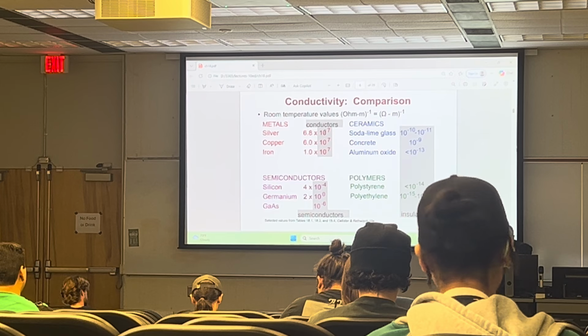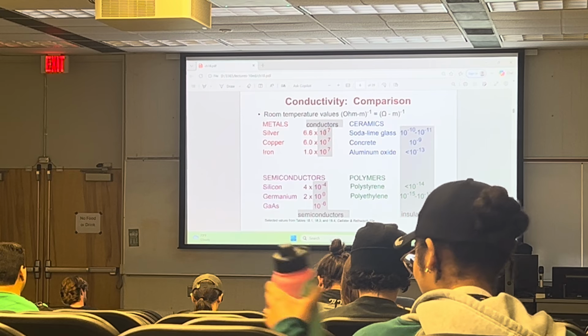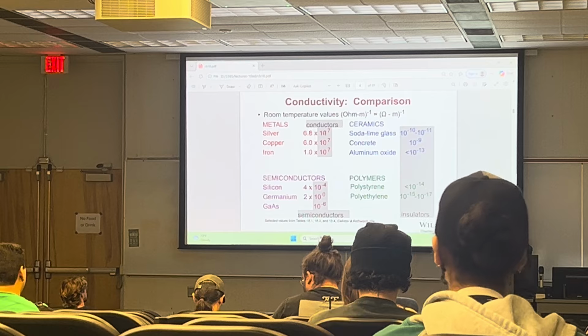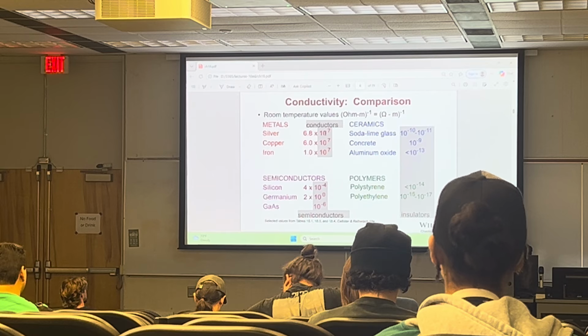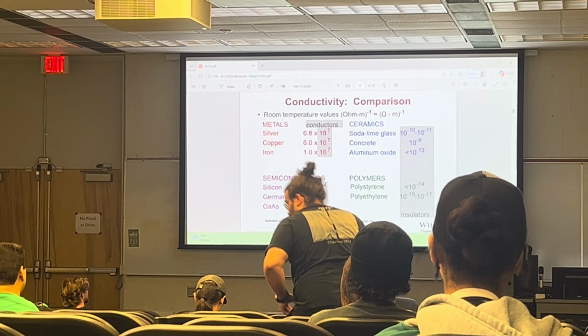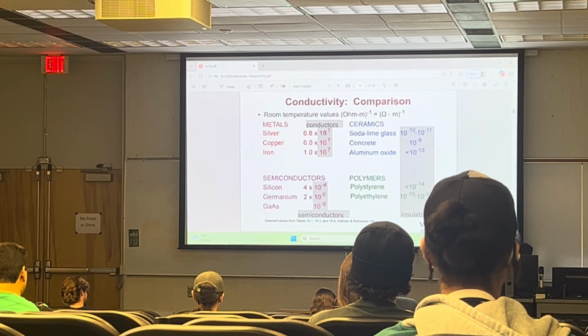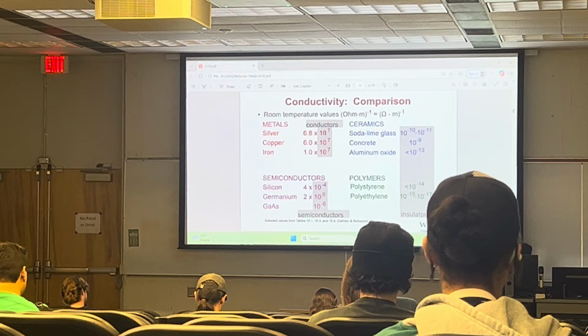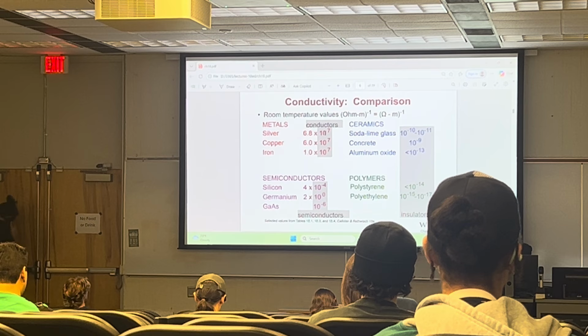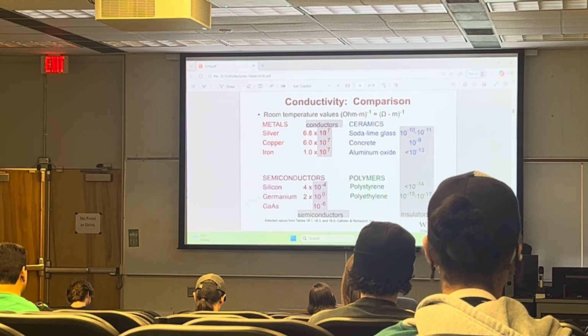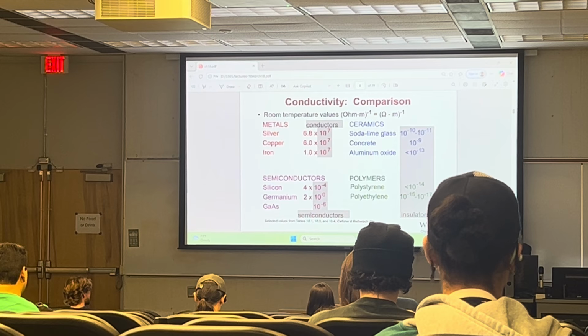How many millions is this? Like 10 to the 6th is how many millions? 6 zeros is how many millions? 1. Okay, and 10 to the 7th is how many millions? 10.